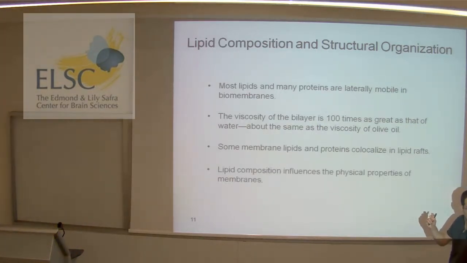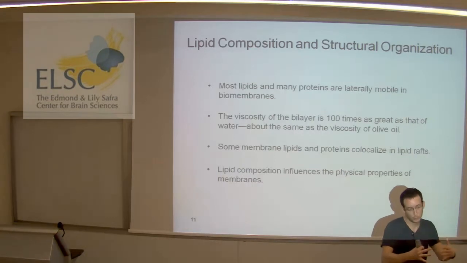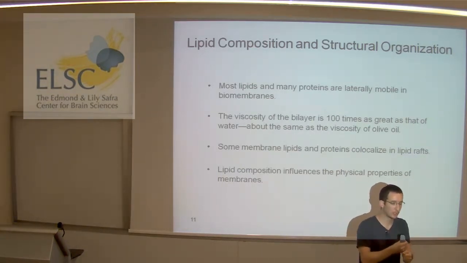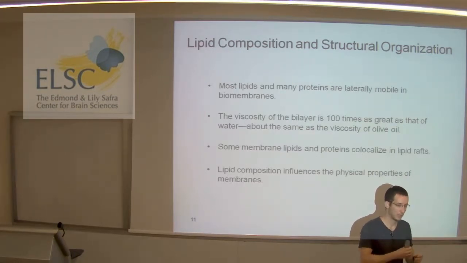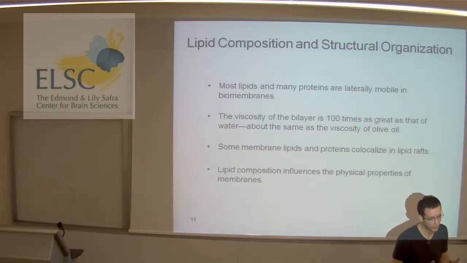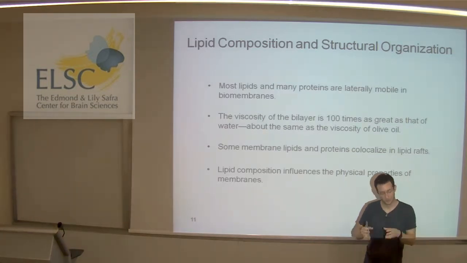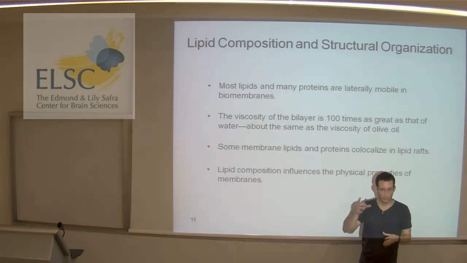Where are these rafts located? On the membrane itself. The membrane is composed of components whose locations relative to one another are constantly changing. The lipids are in constant lateral movement in relation to one another, but some lipids are colocalized, or the interactions between them are stabilized, and together with other proteins they form such rafts.